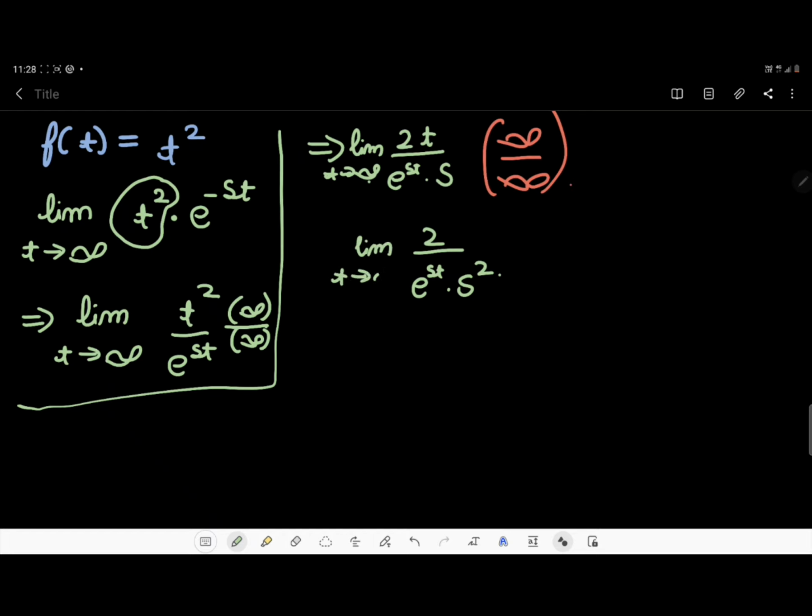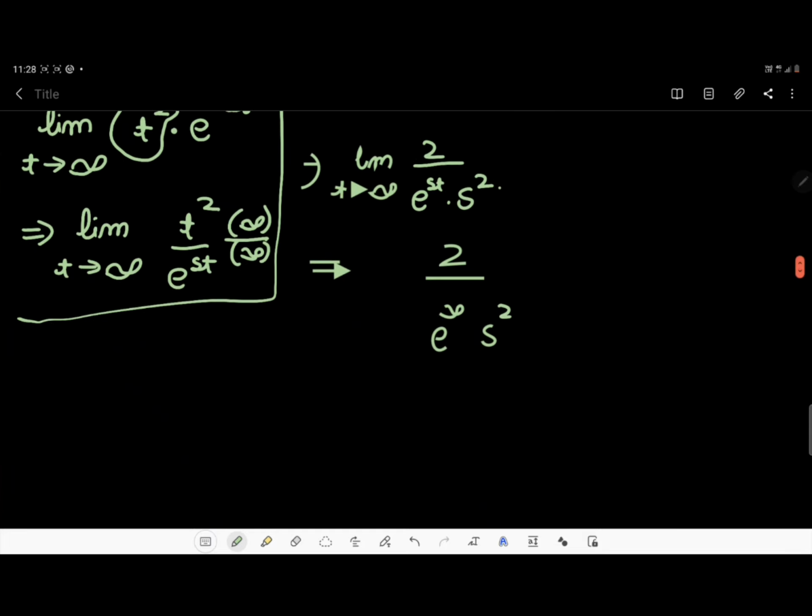Now you can put the limit. Put the limit infinity here: 2 upon e raised to power infinity into s square. So this will give 0.